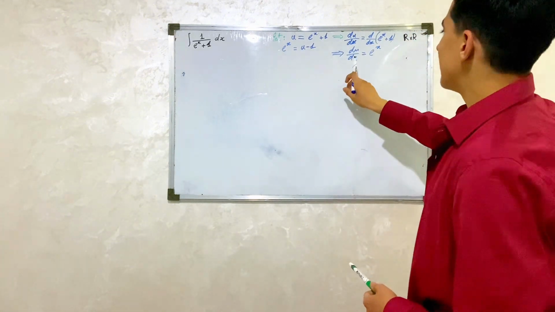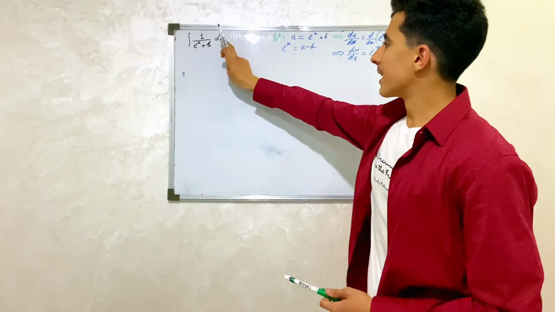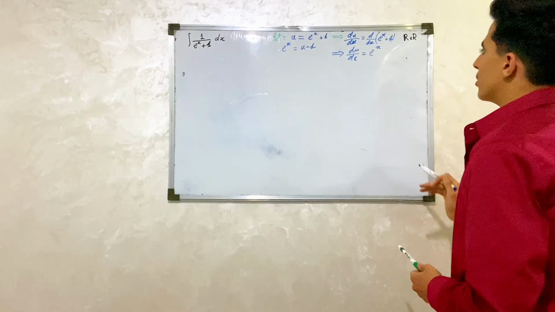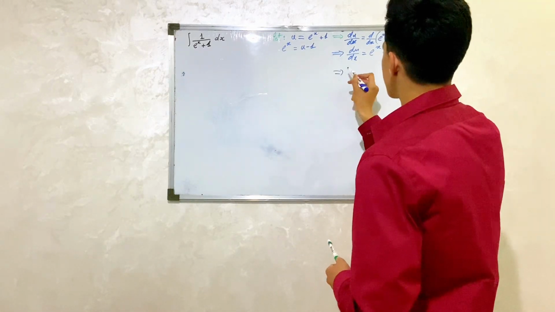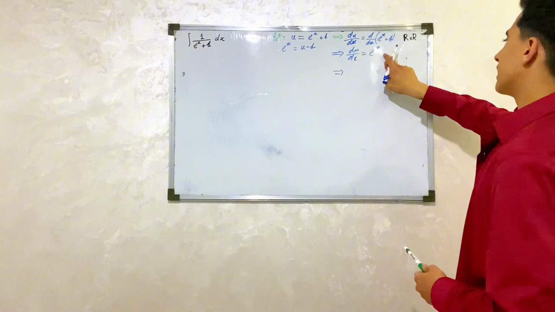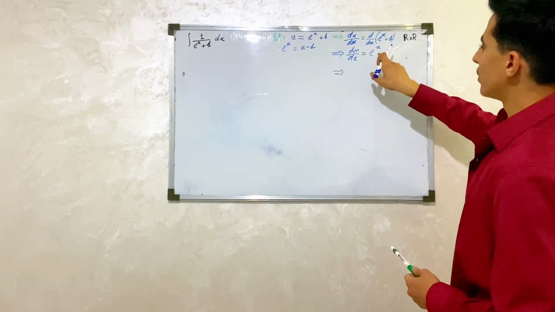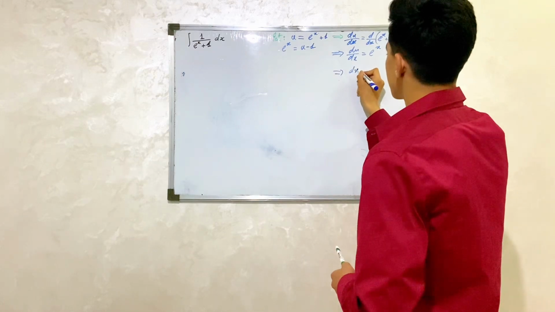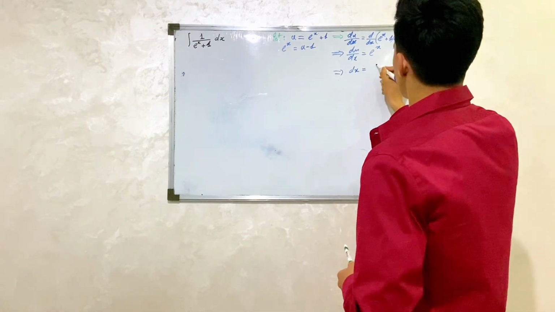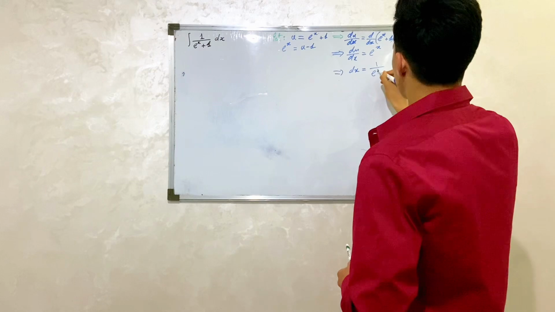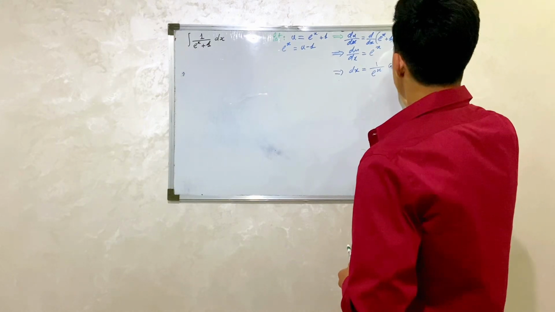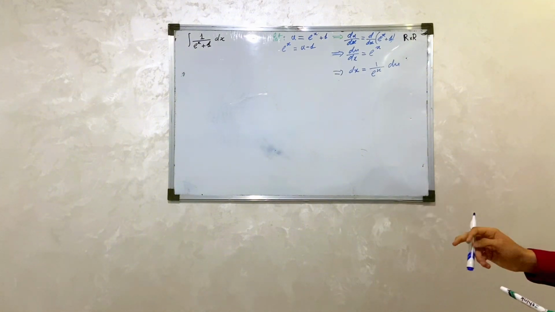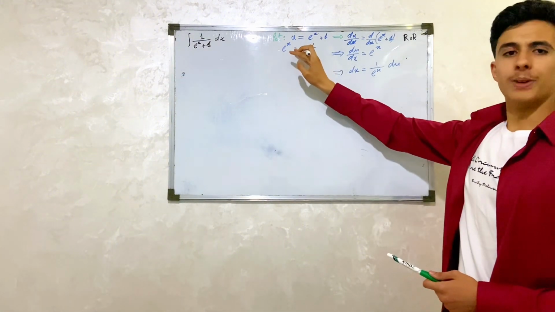We need dx in order to replace it here, the value of dx, using u. So we are going to rewrite this as, we can multiply by dx on both sides and divide by e to the x on both sides, giving us that dx is equal to 1 over e to the x du. E to the x, we have just said its value, which is u minus 1.